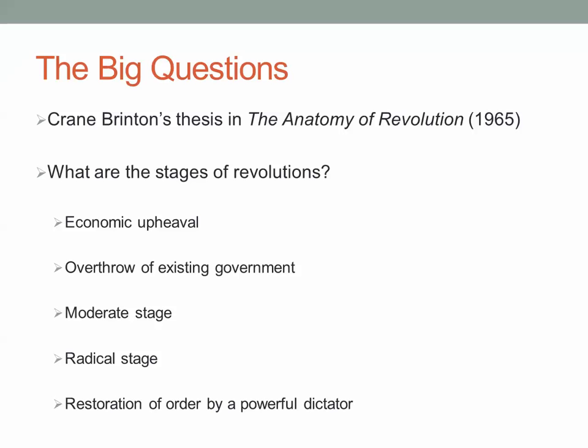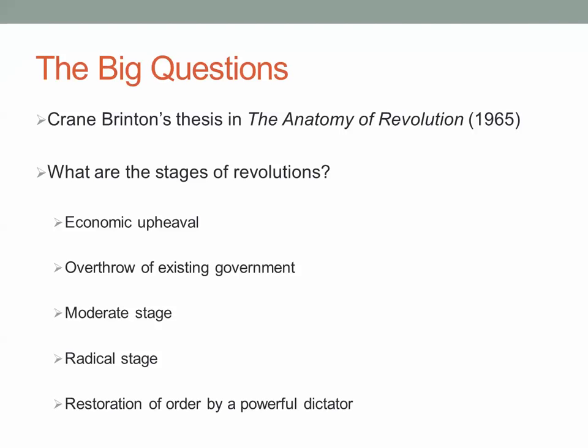They start with economic upheaval, usually triggered by crop failure, famine, and high food prices, also rebellion against an existing order. This is now the second stage. You have an economic upheaval, then there are demonstrations, and then the existing government is overthrown.